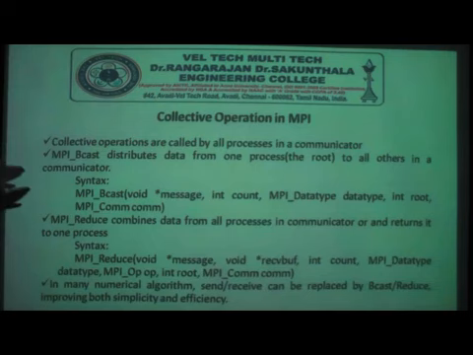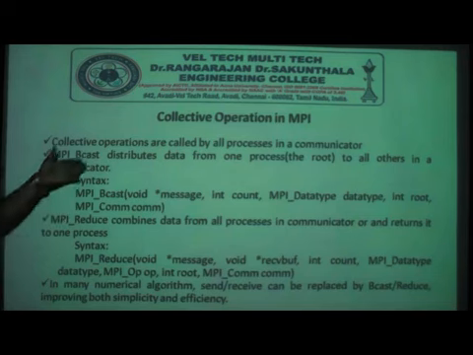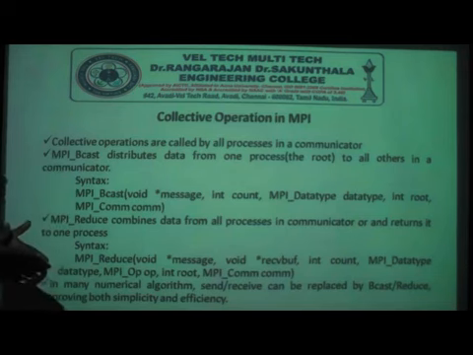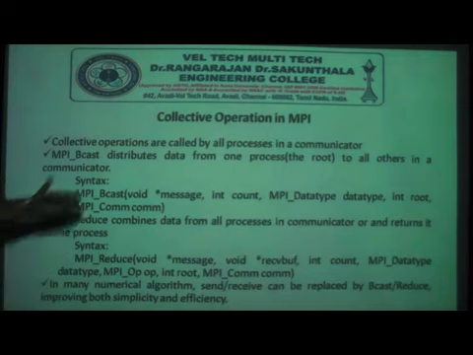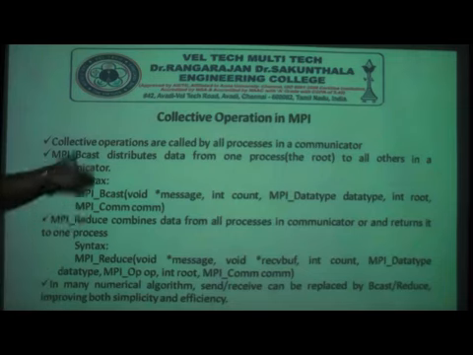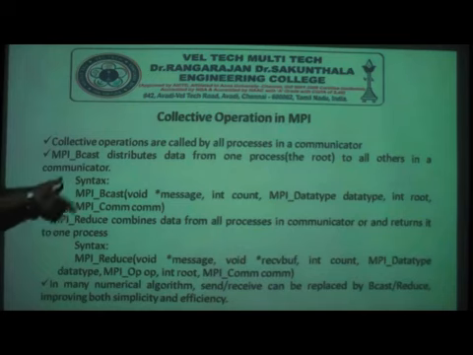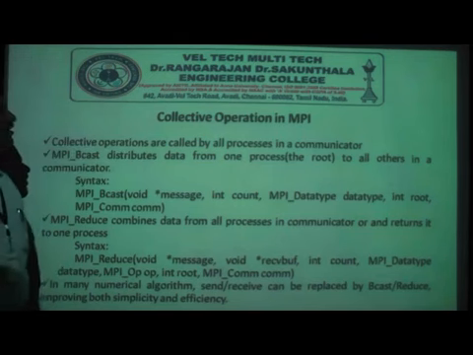Then this is the list of basic collective operations. Already I said collective communication has 6 different types of functionalities. The main ones are broadcasting and reduce. Here I will explain the syntax for how broadcasting is involved and how reducing is involved. The collective operations are called by all the processes in a communicator.